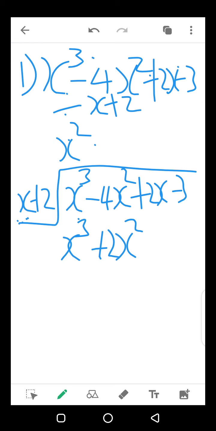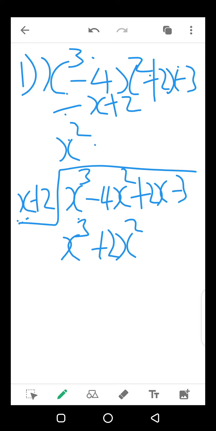Now watch this, each one must be under the degree that is alike with it, that is similar to it. x raised to power 3 has a degree of 3, so it must be under the term in the dividend that has degree 3.